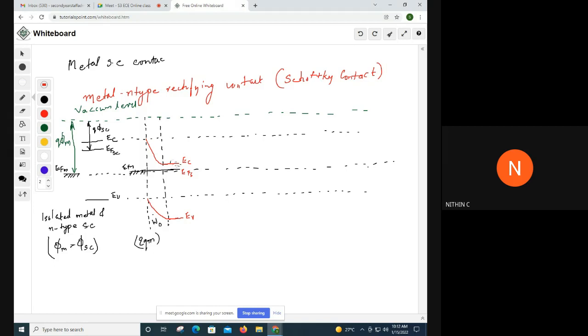Okay. And this will be called, നമ്മൾ നേരത്തെ PN ജംഗ്ഷനിൽ പറഞ്ഞ പോലെ തന്നെ, this will be QV0. No difference in that. Depletion layer W0, QV0 is actually the energy difference between the equilibrium EC level and the original EC level.